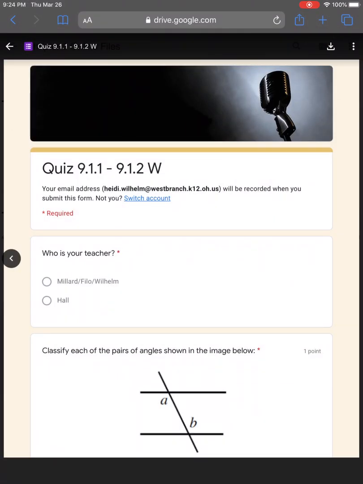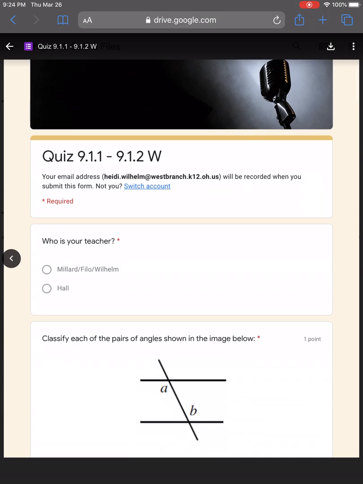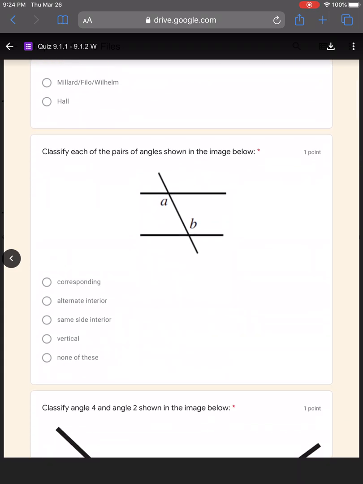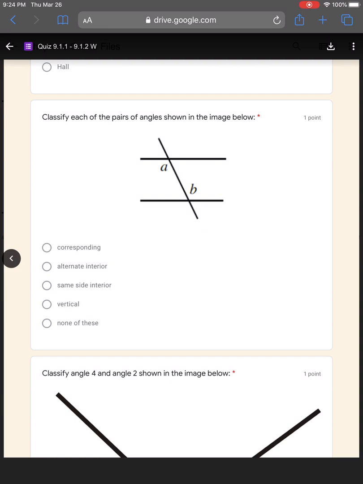All right, this is a read aloud for the quiz over sections 9.11 and 9.12. Question 1 says to classify each of the pairs of angles shown in the image below.